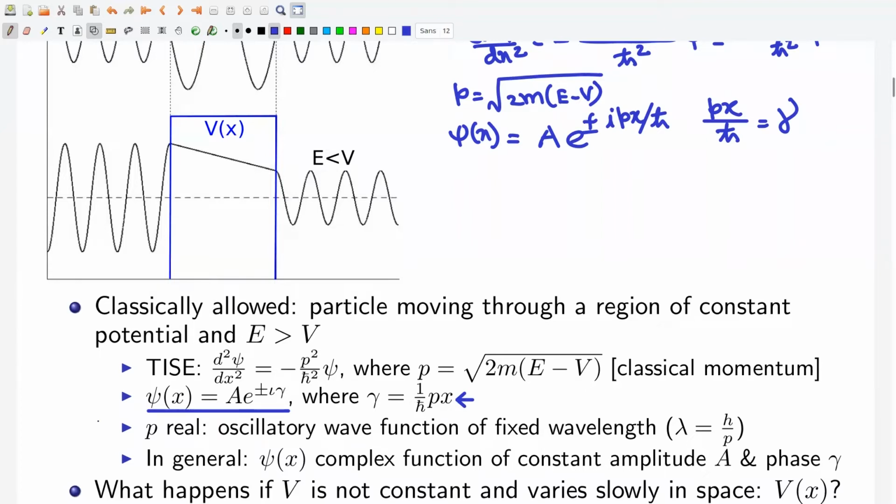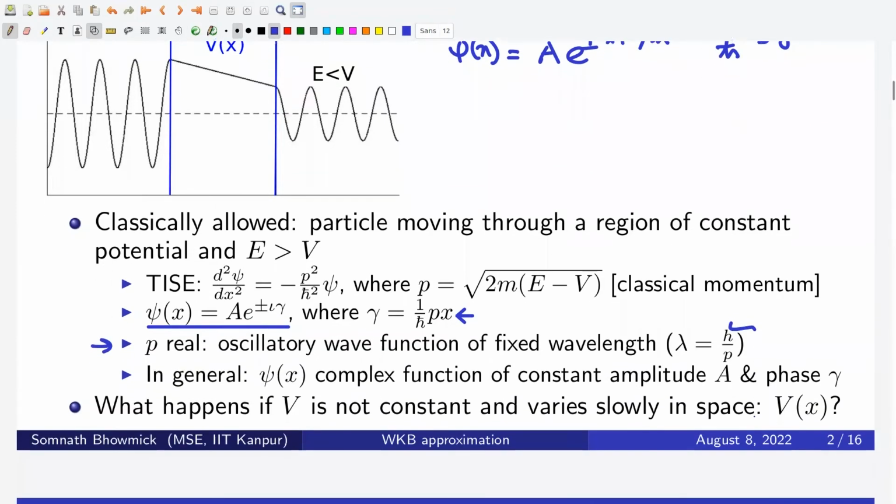Since E is greater than V, p is real, and we get an oscillatory wave function of fixed wavelength lambda equal to h by p. In general, psi of x is a complex function of constant amplitude A and phase gamma. It is very easy to find the solution when V is a constant.